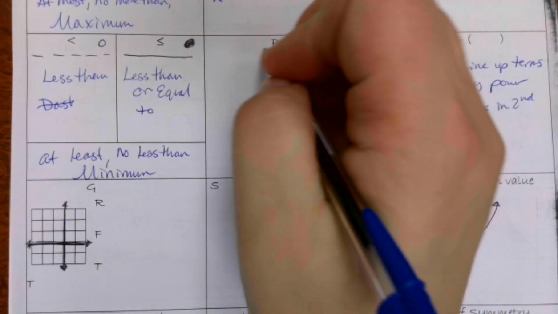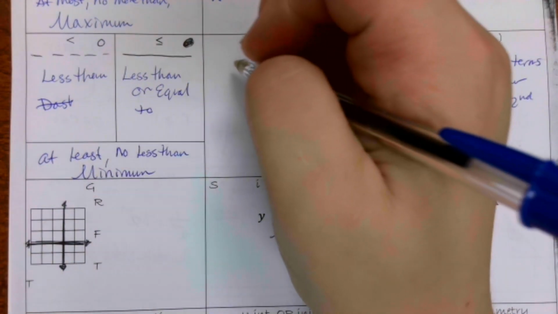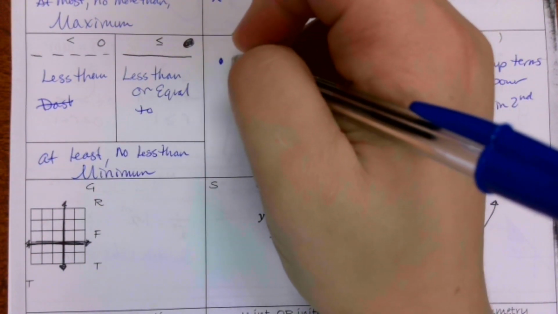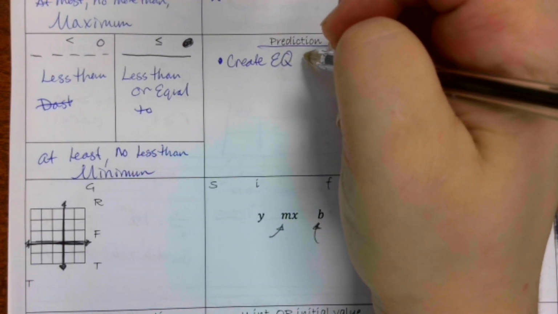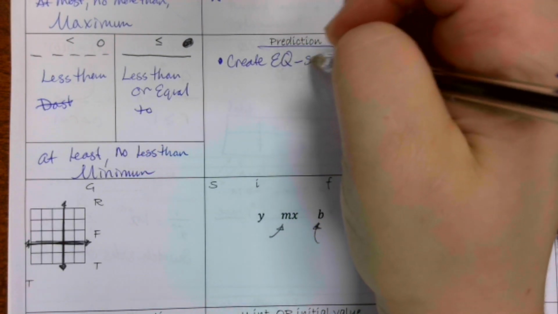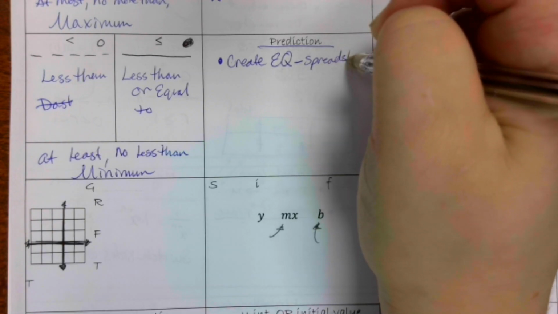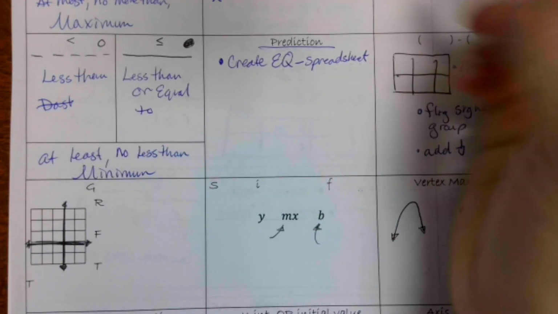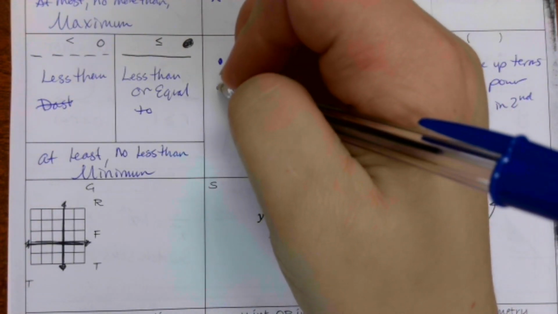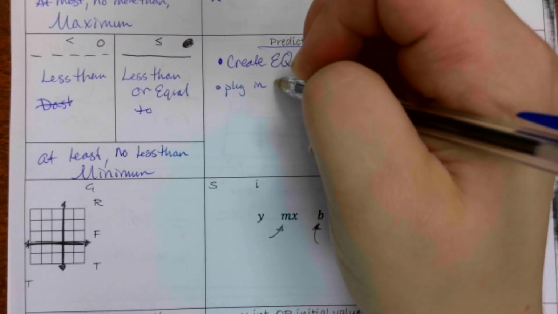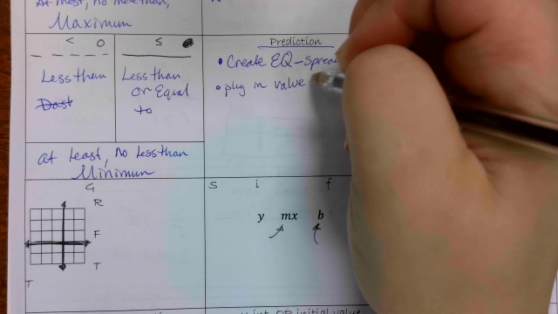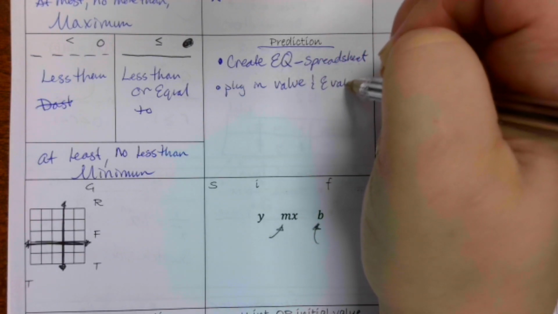Prediction is pretty easy. For prediction, you have to create your equation. This is almost always when you're using spreadsheet. So once you get your equation, you plug in the value and evaluate.